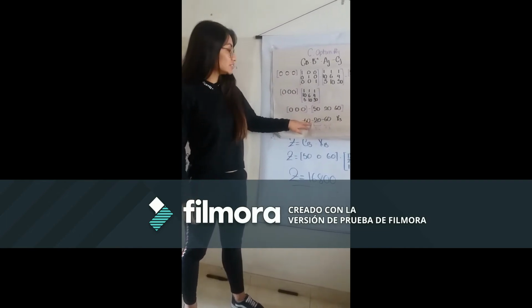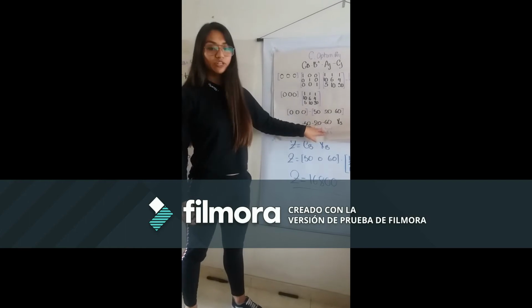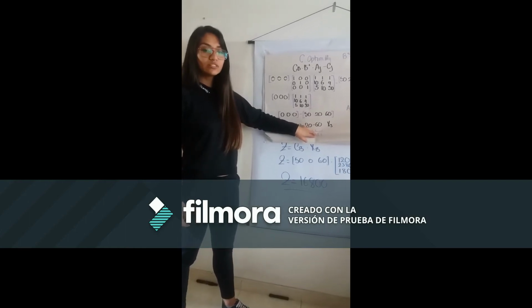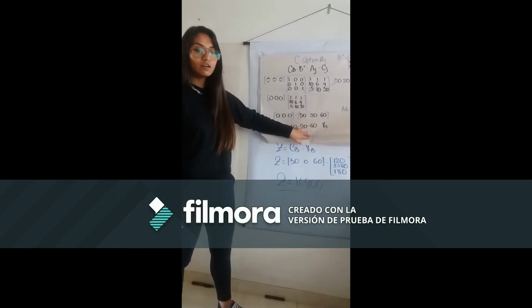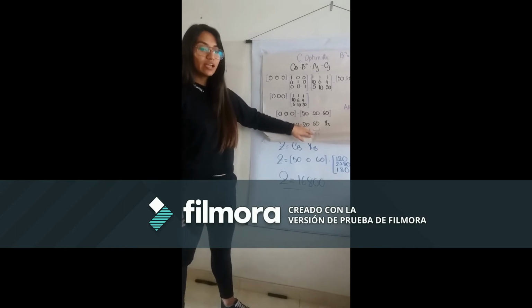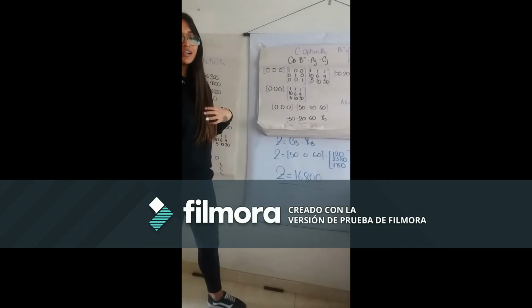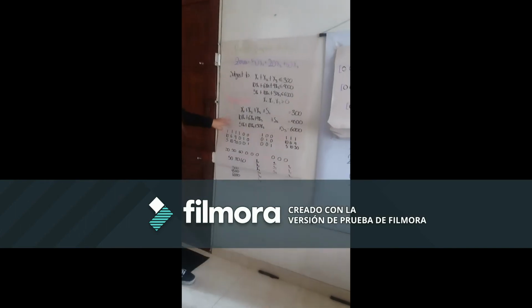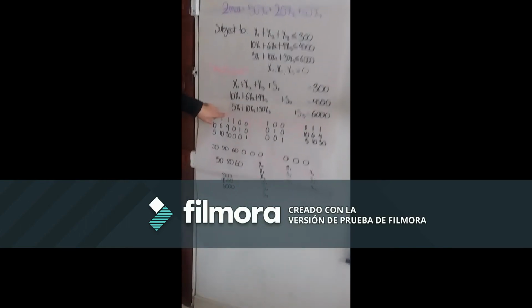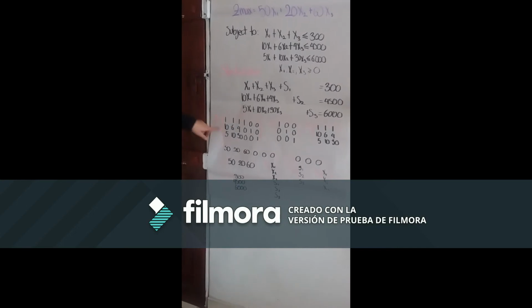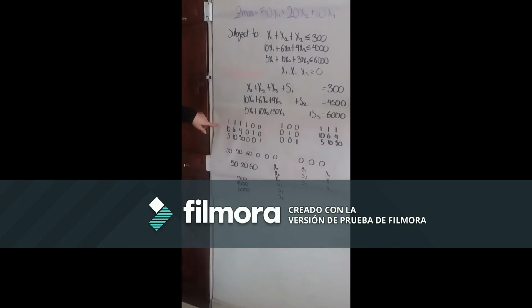In this exercise x3 must enter, and we already have the matrix Ak, where are the numbers that correspond to x3 in the matrix A.